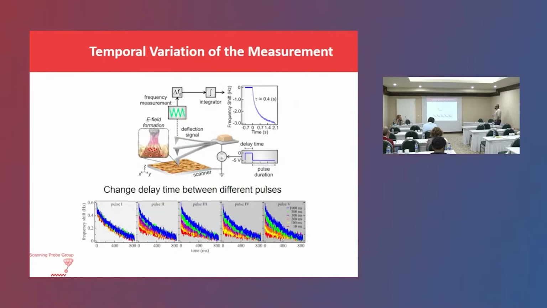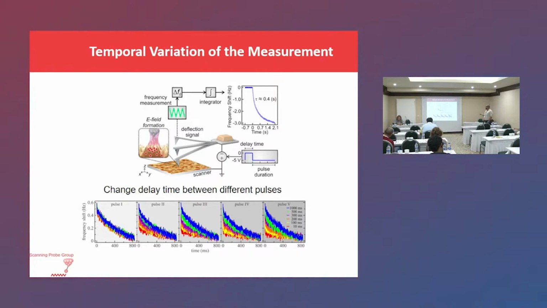So on top of this, we also looked at the temporal variation of the measurements, which means that we also looked at the history-dependent effects. So here, it's very similar to the very first experiment. However, we changed the delay time between individual pulses.